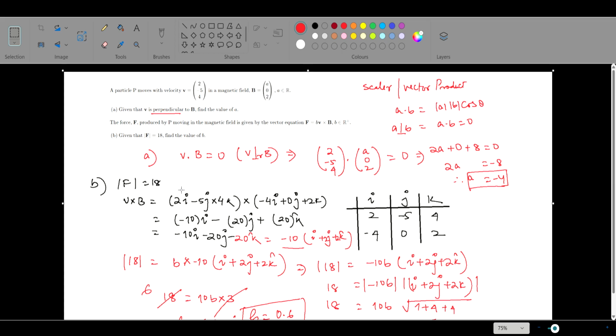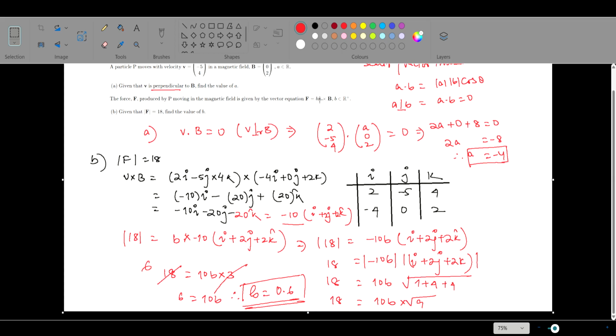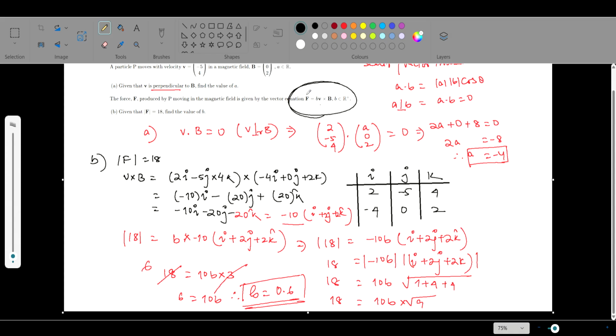No, this is not the magnitude of F. Magnitude of F is also multiplying with one scalar, which is b. If you see here, in the given problem, the force is b times V cross B, right?